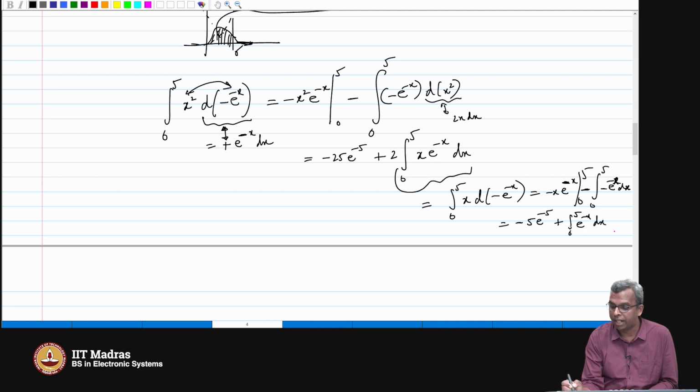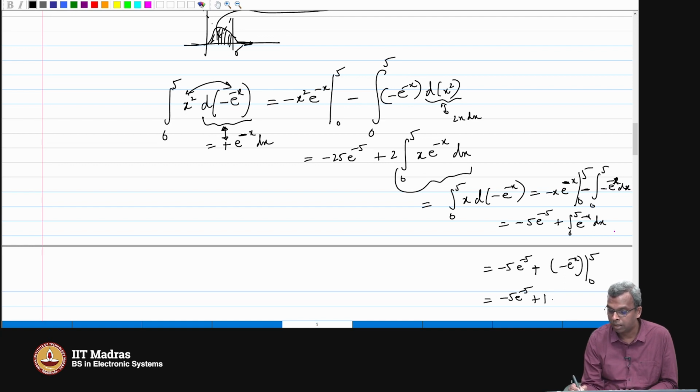At this point, I know the definite integral, so I can write it down as minus e power minus x between 0 and 5. That will end up being minus 5 e power minus 5, and you will put a minus there, so you will get plus 1 minus e power minus 5. You plug that back in here, you will get the same answer.